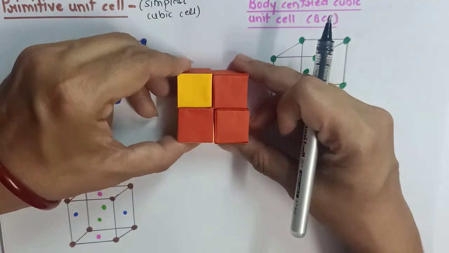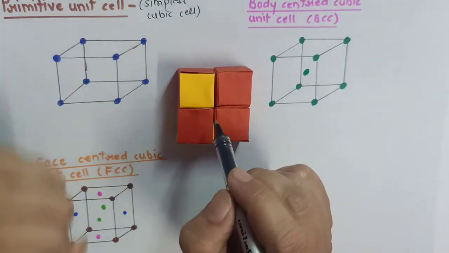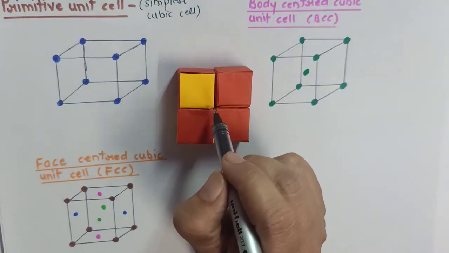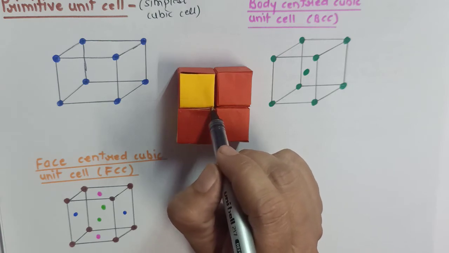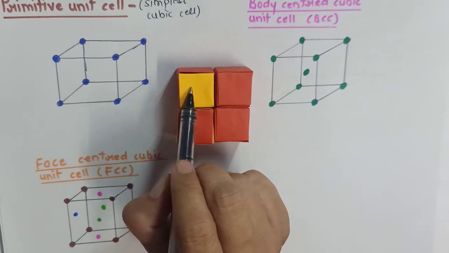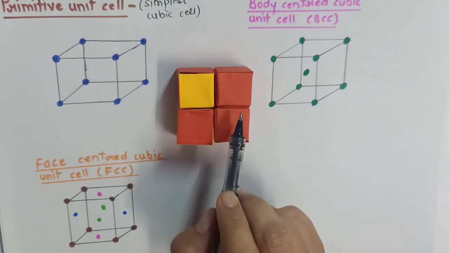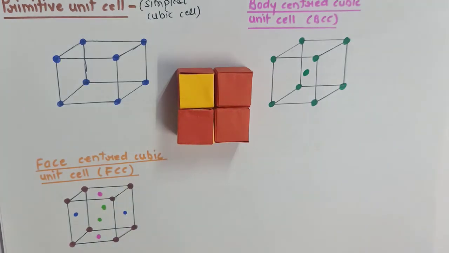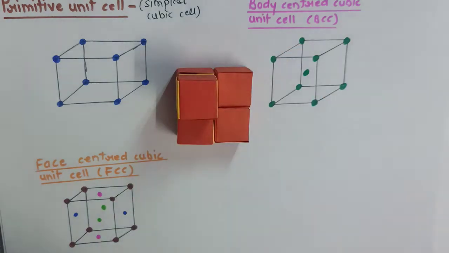Now consider these 4 unit cells and focus on this constituent particle, or this lattice point. This lattice point is a part of this unit cell, as well as in contact with 3 more unit cells, as well as 4 more unit cells which will be placed above them.